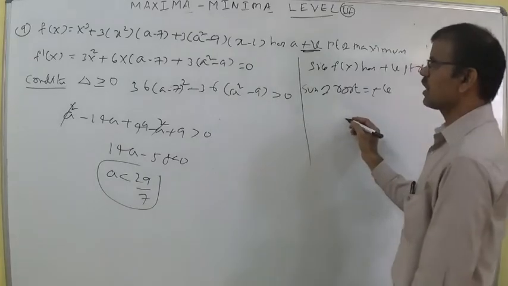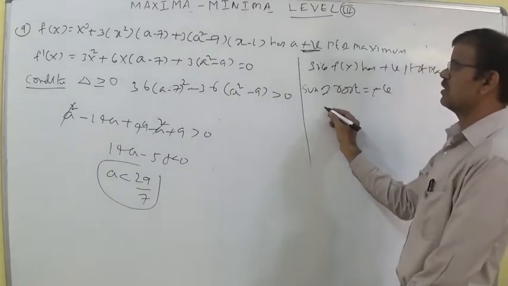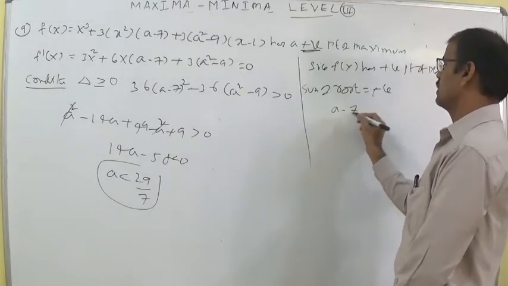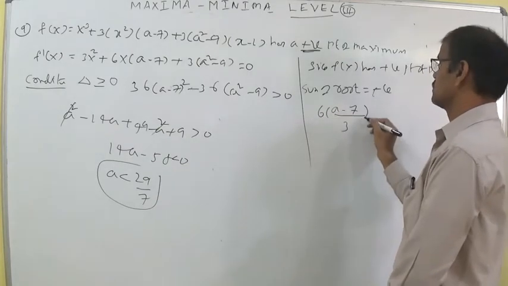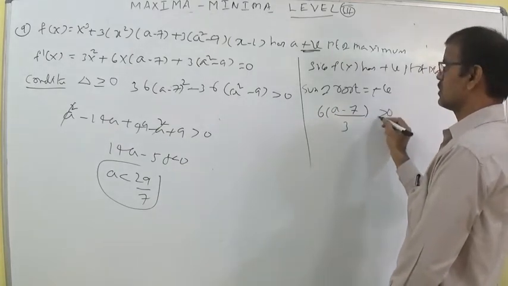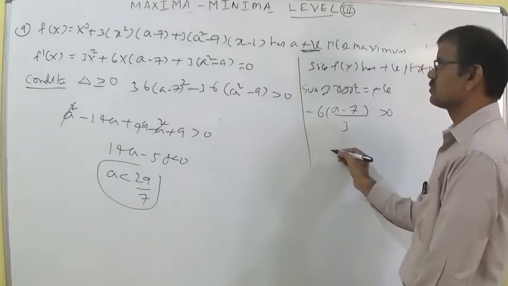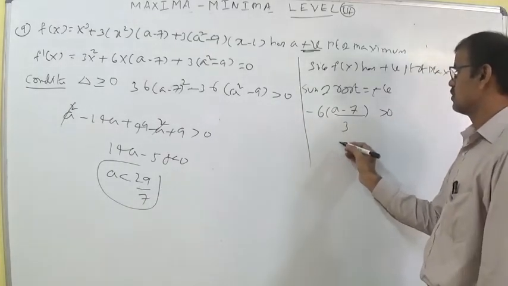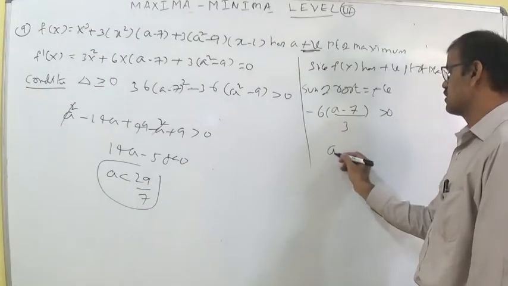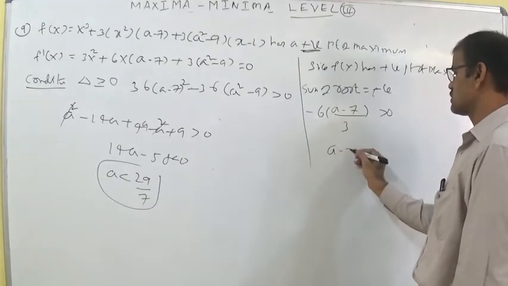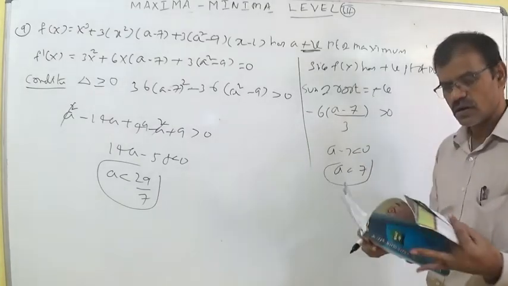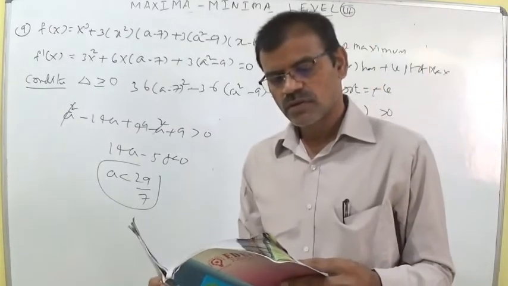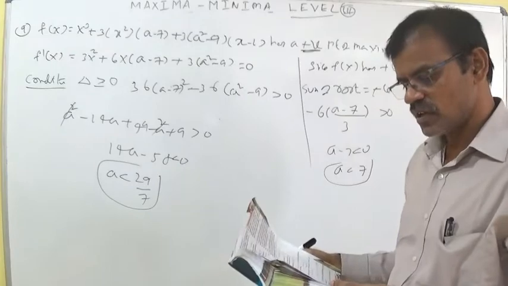The sum of roots formula is -b/a, so it is -(a - 7). So 6(a - 7)/3 with a minus sign is greater than 0. Taking the minus to that side, a - 7 < 0, so it becomes a < 7. According to the option, a < 7 is there.